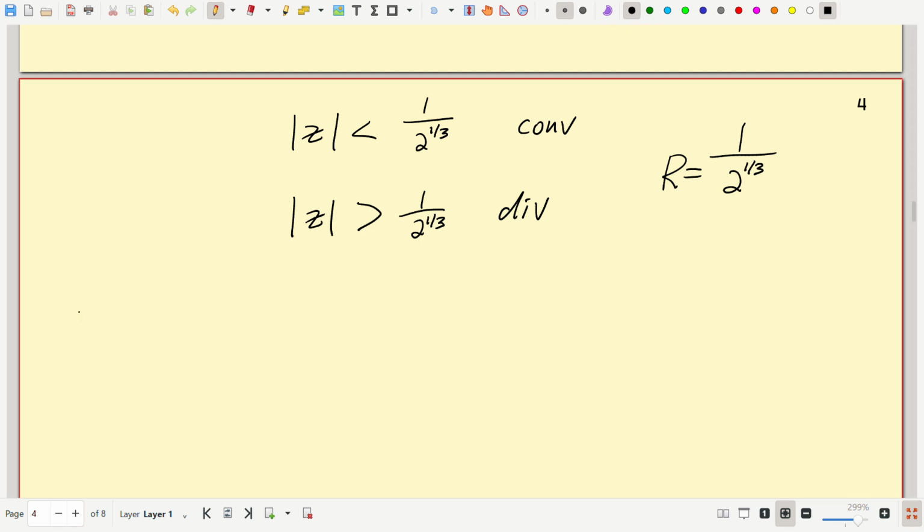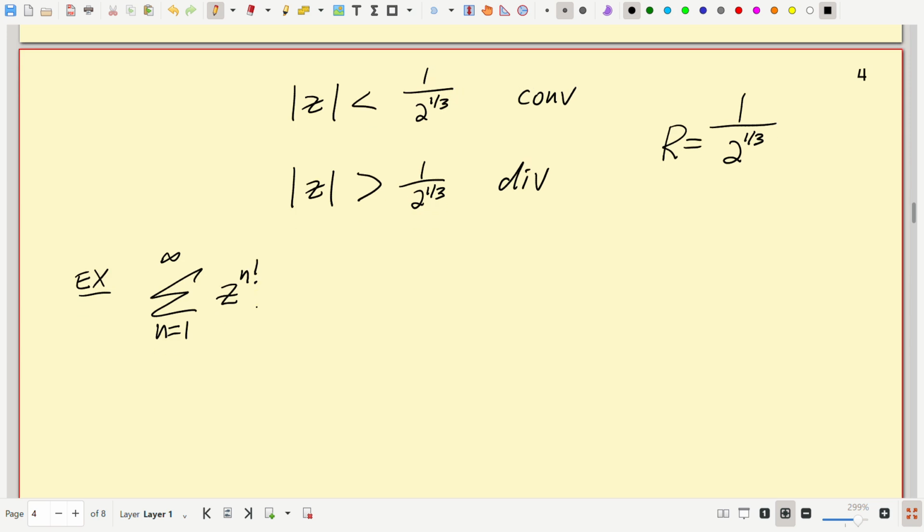Another example, now that I've done Hadamard's formula, I'm not afraid to use it. I studied this by other means earlier, by comparison with geometric series and things like that. But this was a famous power series because it has a lot of holes in the sum.